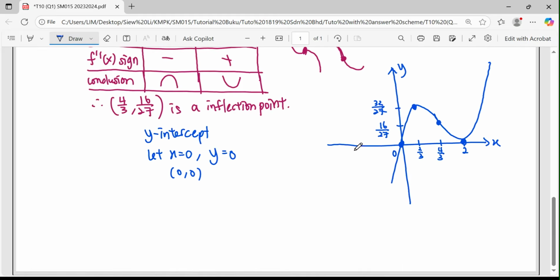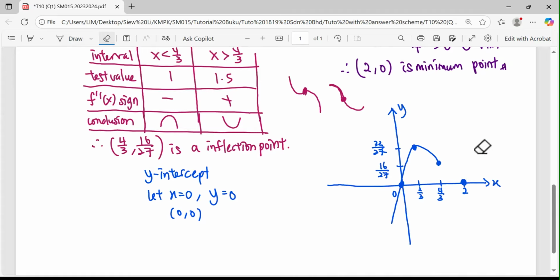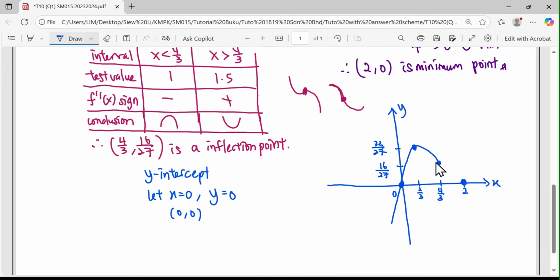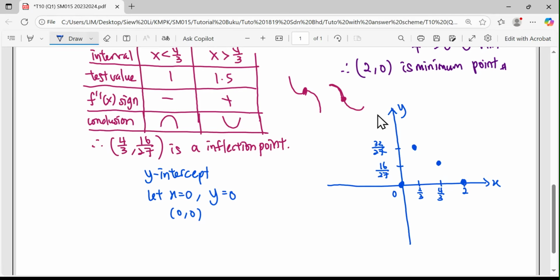Your cubic function is in an S shape. Yes, it is correct. So let me draw it better. Touch your minimum point. This is concave upward, with this maximum point, and this is concave downward with the maximum point. This is concave upward with the minimum point at 2. So join the dots.